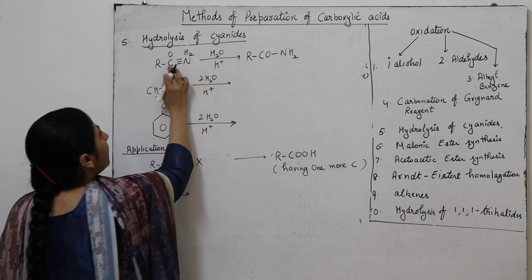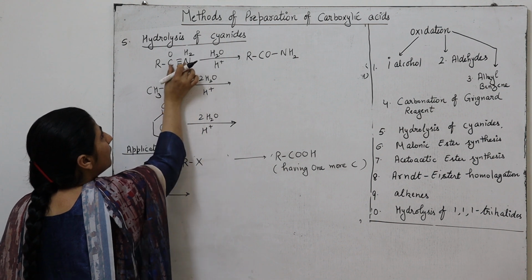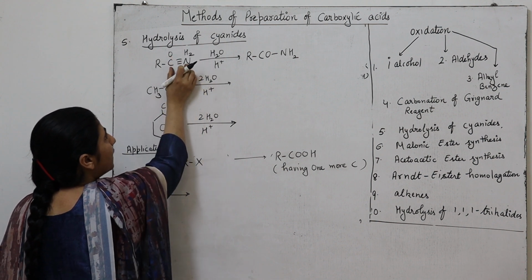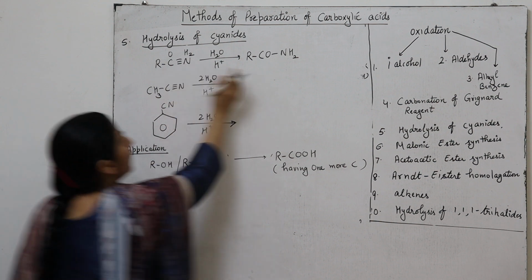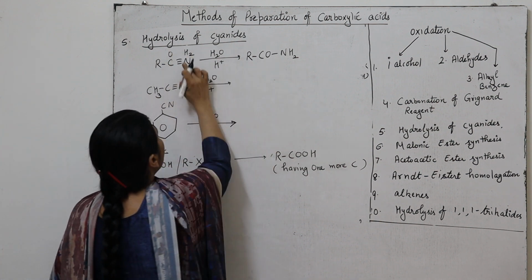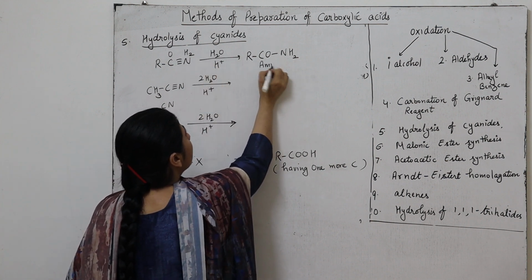There is the addition of water in this manner. When water is added to the cyanide group, the triple bond is converted to a single bond. So we get CONH2. This one is known as amide.